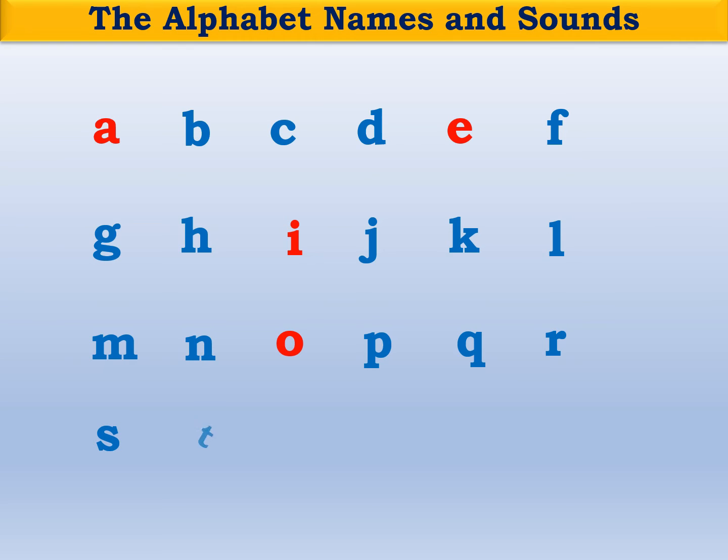T, top. U, umbrella. V, van. W, well. X, like in box. Y, yam. Z, zip.